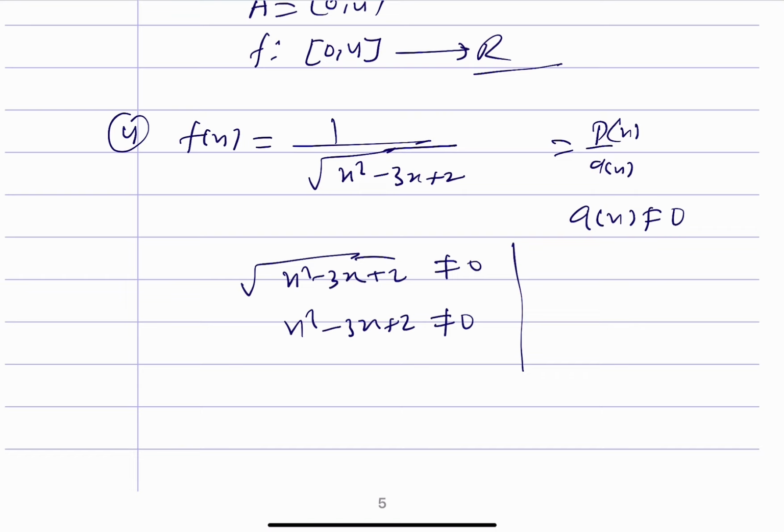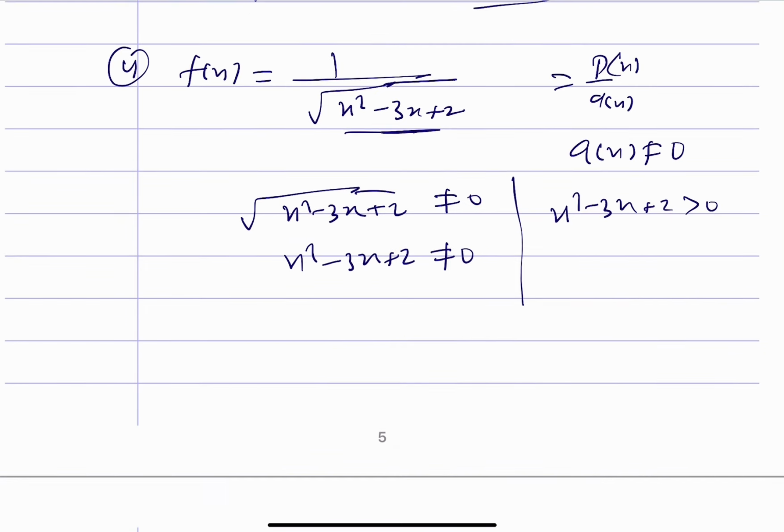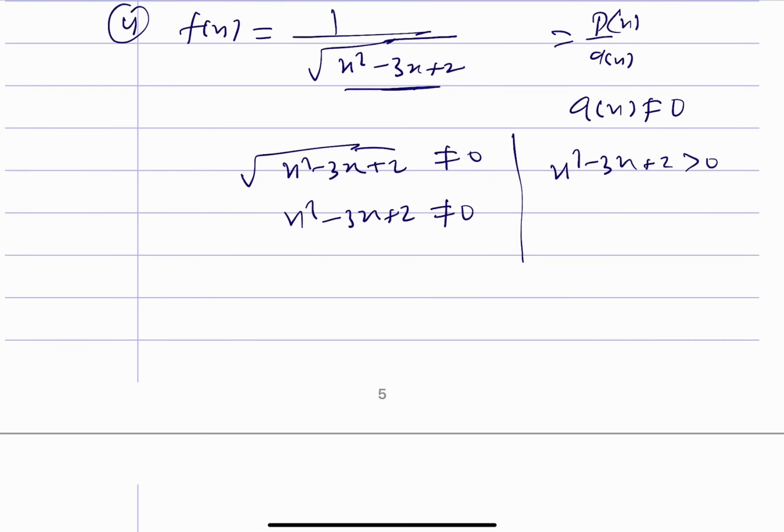Another condition: it is in a square root, so x square minus 3x plus 2 should be positive. We have to consider not equal to 0, that's why I'm not taking the equal sign here. Now we find the values using the middle term splitting method: x square minus 2x minus x plus 2 not equal to 0.